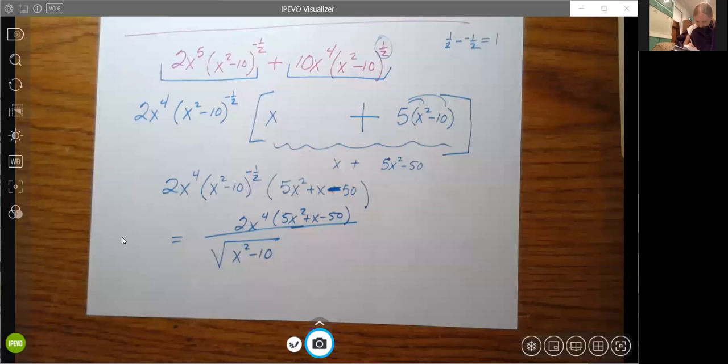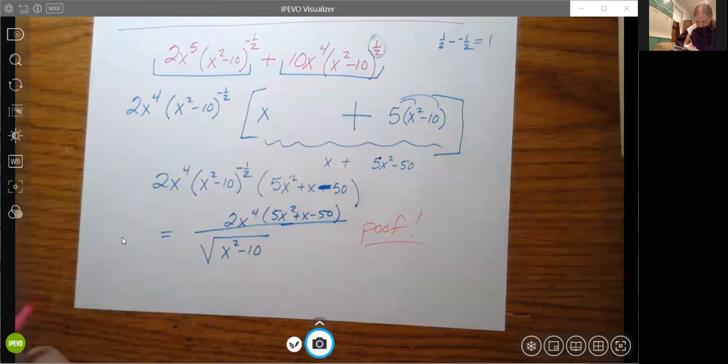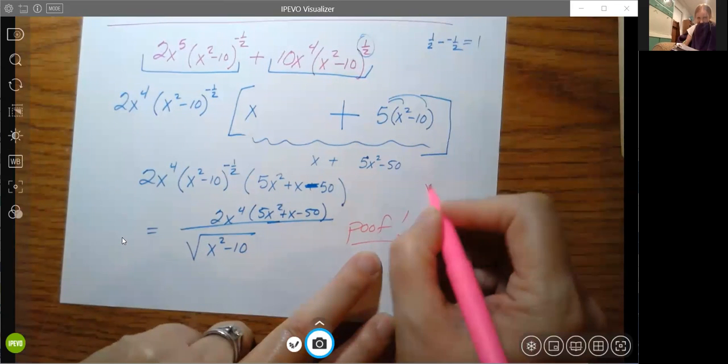So back to Charlie's question. How did this happen? I can explain it if you want. Okay, so you know how if something's to the 1/2 power, it's the same thing as the square root? Yes.